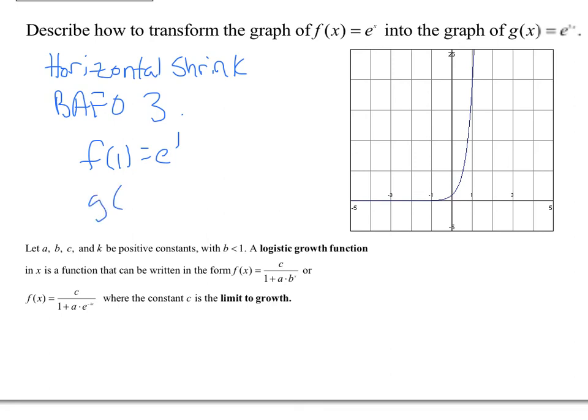If you do g(1), you get e to the 3 times 1, which would be e to the third. See how when x is 1, you get e to the first, but when x is 1 here, you get e to the third. It means it's getting up quicker. Okay? Alright, so there's an example of growth. If it was negative 3x, that would be the example of decay.